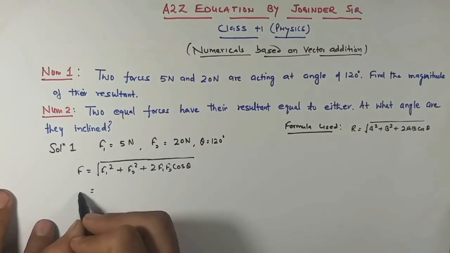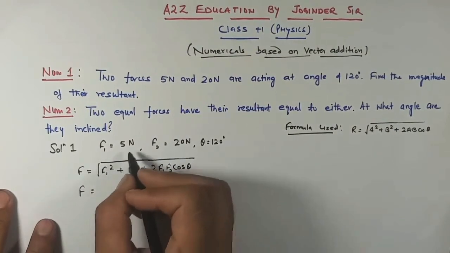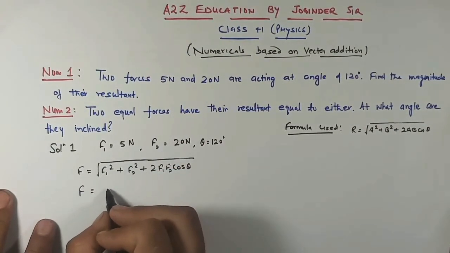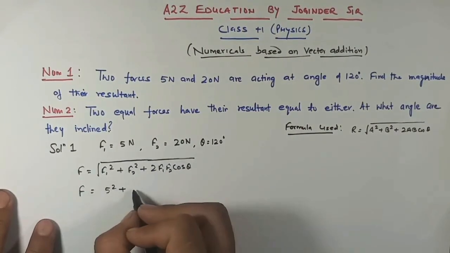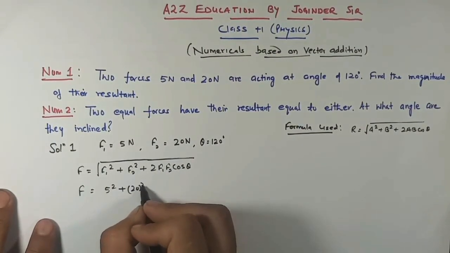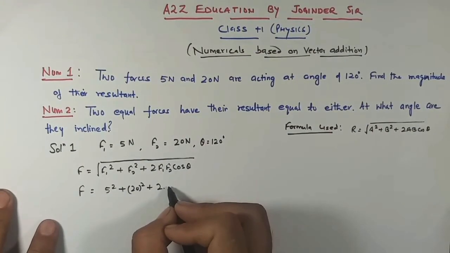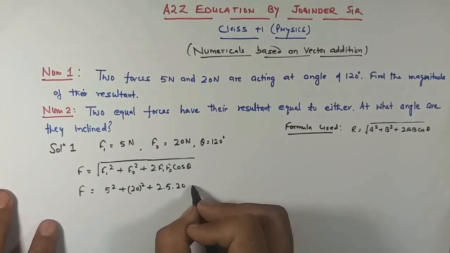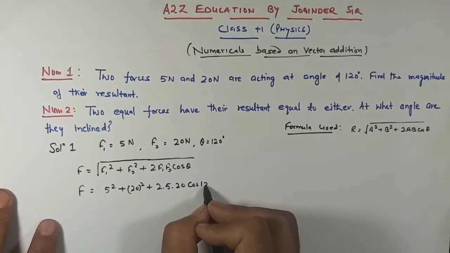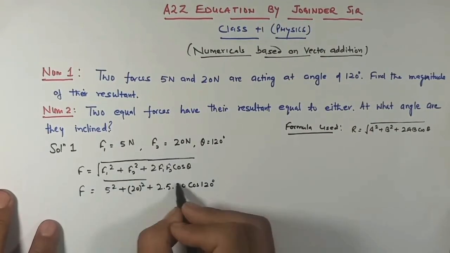Now we can put in the values. 5 square means 25. So it is 5 square plus 20 square plus 2 into 5 into 20 into cos of angle 120 degree, all under the root.